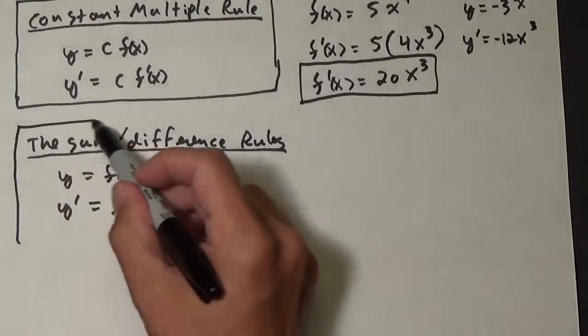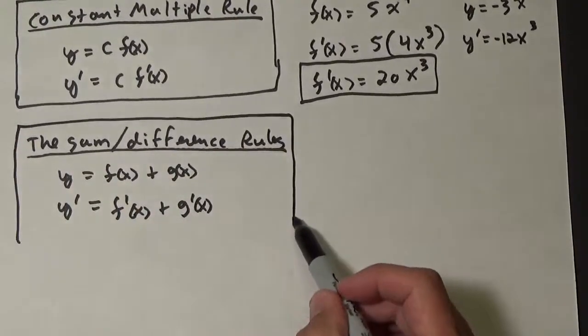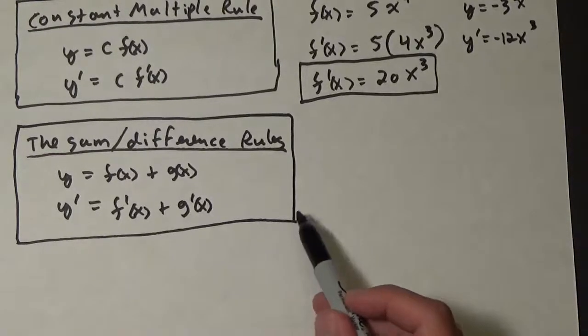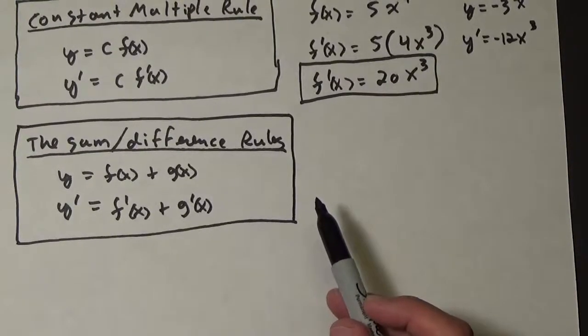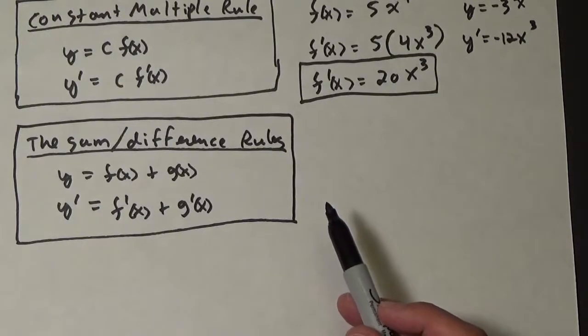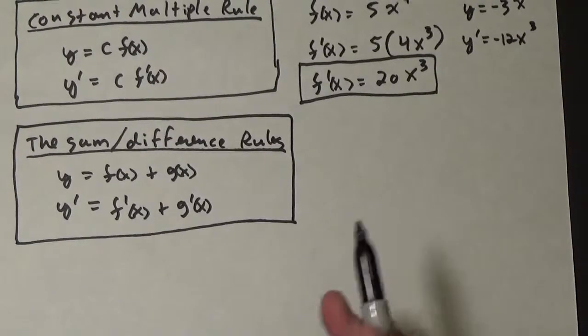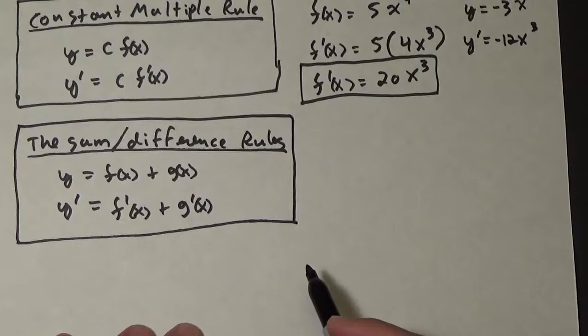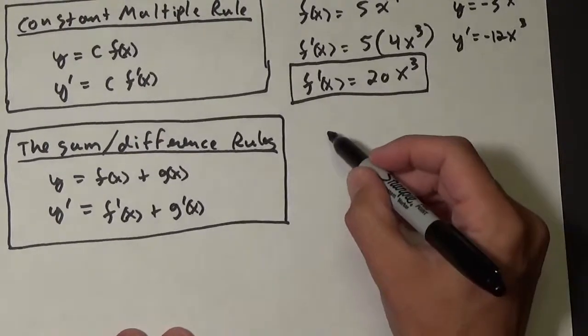So if you have a situation where you have 2 functions being added together and you want to take the derivative, well then all you have to do is take the derivative of each one and then add them together.